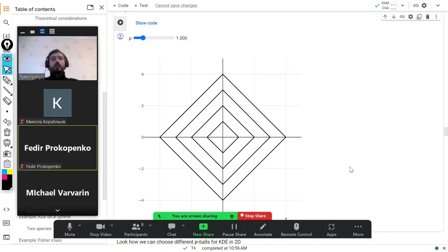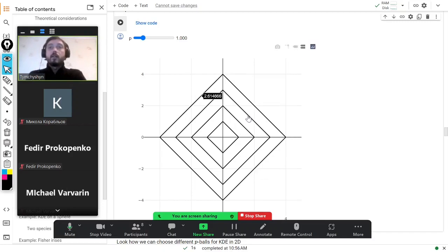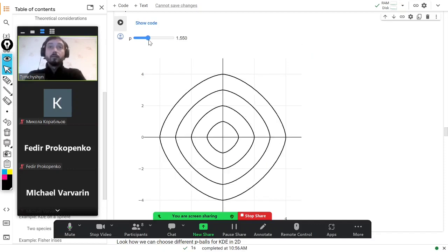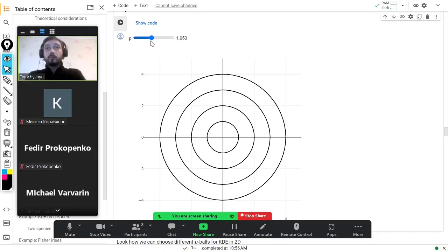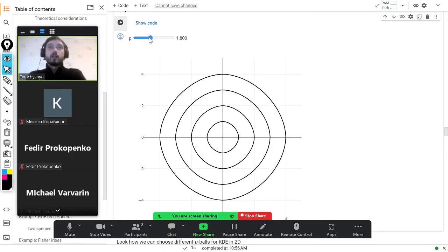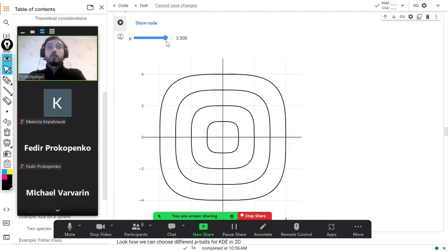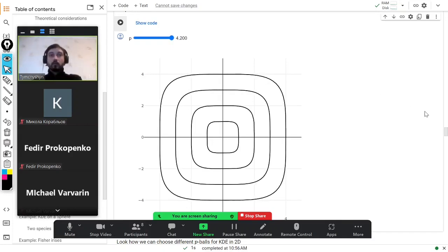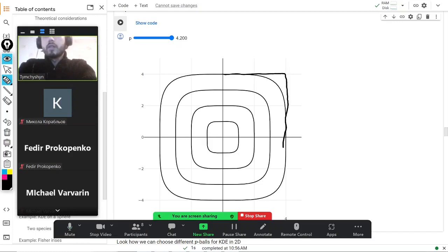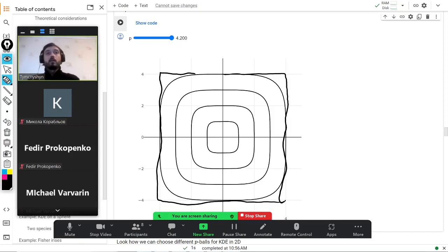So we were performing L1 and L2 regularizations, and this was the case of L1 regularization, and this was the case of L2 regularization. If you change this p further and make it closer to 0, you will get pictures like this. And if you make it bigger and bigger, you will get pictures like this. Probably you might guess that in the limit, you will have these sorts of squares. But that will be the limit when p gets to infinity.